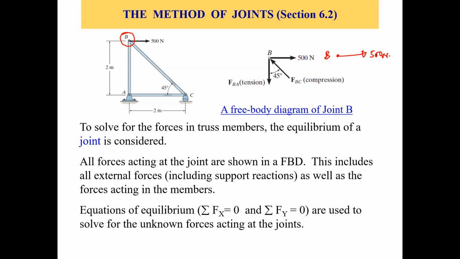Now, what are the other forces? There's no other external force. There's no other support reaction at joint B, right? But there are two members, this one, which is BC, or this one, which is AB, which are joined at joint B, right? So we will have two forces, two member forces, which we need to include in this free body diagram, right?